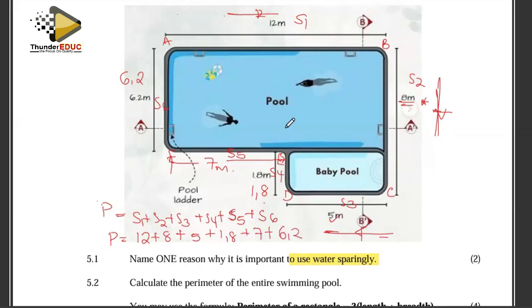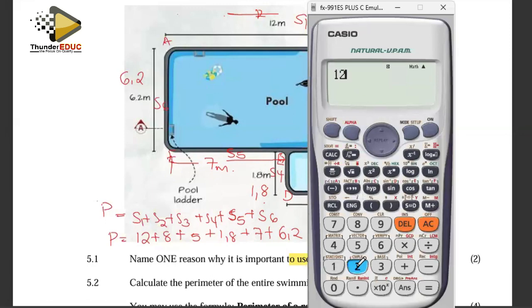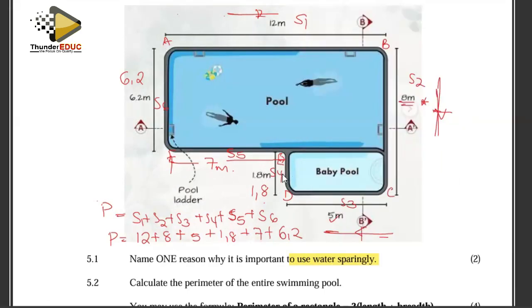Let's try to add that up. 12 plus 8 plus 5 plus 1.8 plus 7 plus 6.2, giving me the answer as 40. So here the answer becomes 40. Don't forget the units. These are 40 meters.